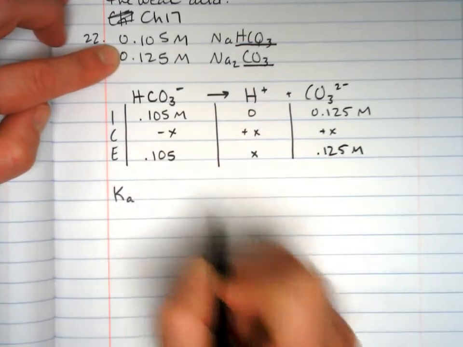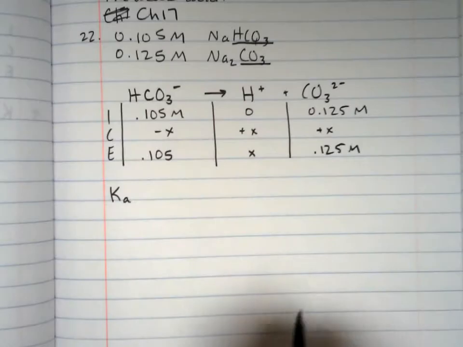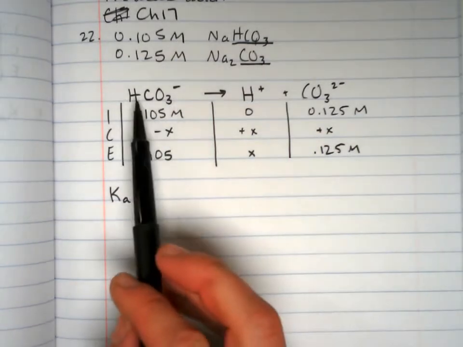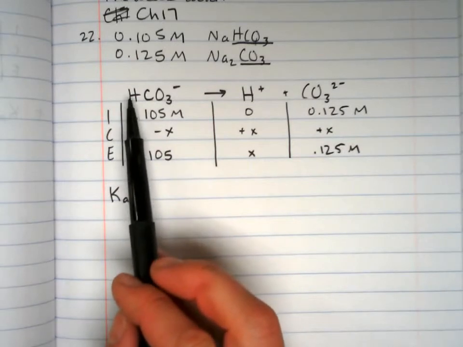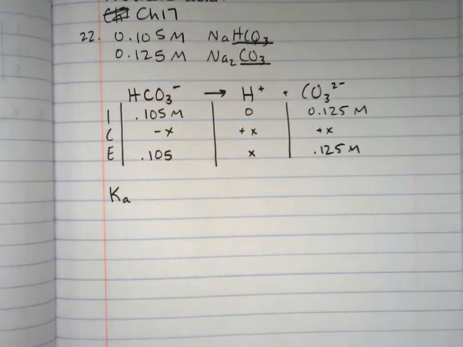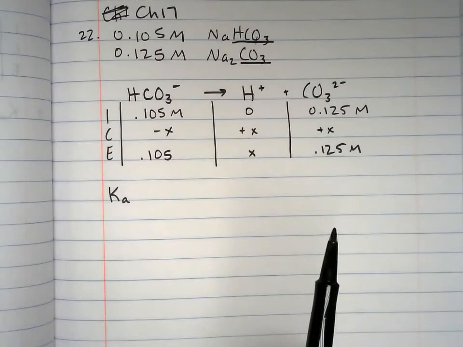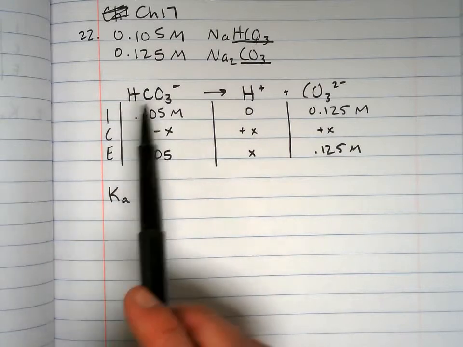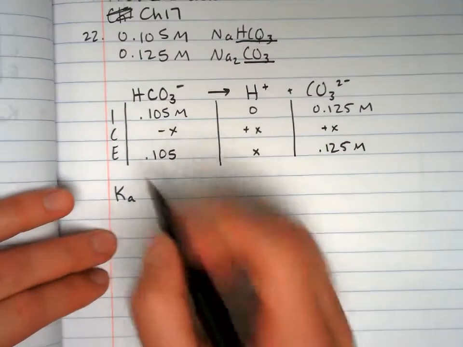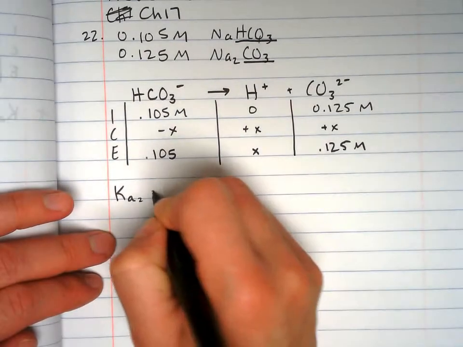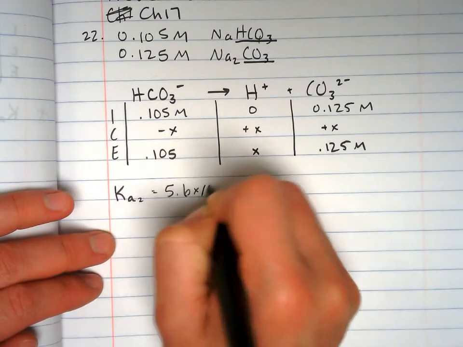Now I'm going to find my Ka. When I look in the book, I notice there's a Ka1 and a Ka2. I also notice this acid is already charged, so one of these protons must have already come off. I know it came from a salt, but it could actually take on another proton, right? So this is actually going to be the Ka2, and my Ka2 for this case is 5.6 times 10 to the negative 11.